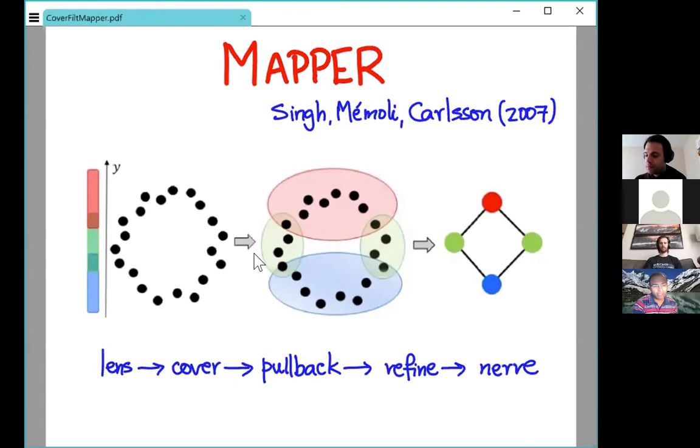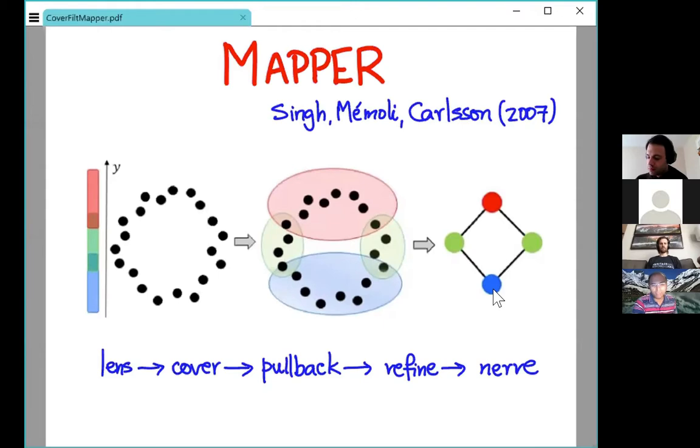For the green interval, we get what visually looks like two separate sets of points, and the same thing for blue. And then we do a refinement of the pullback, which in practice means you use a clustering algorithm to cluster the points in each of these pullback covers, or you can think of identifying connected components within each of these pullback covers.